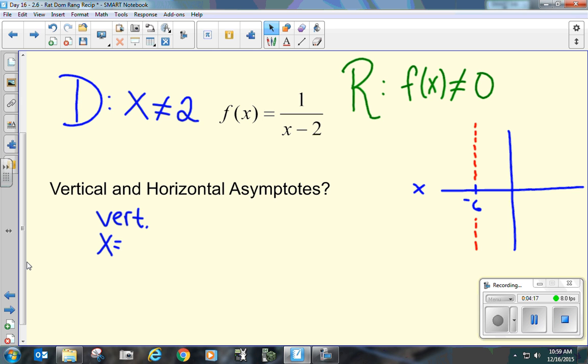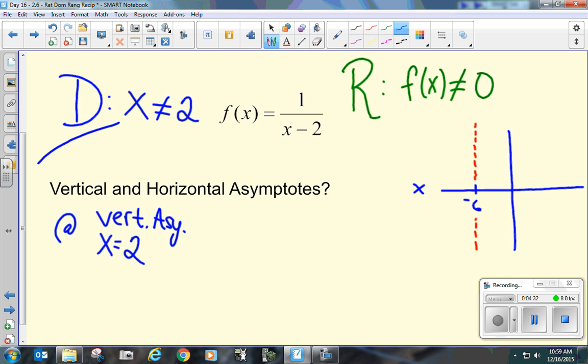So verticals are associated with the x. If I look at my domain, what's the one thing that x can't be? 2. So guess what? I have a vertical asymptote at x equals 2. So once I find the domain, that becomes my vertical asymptote. I'm really halfway done with finding my asymptotes.